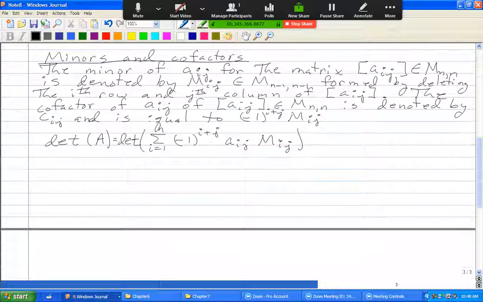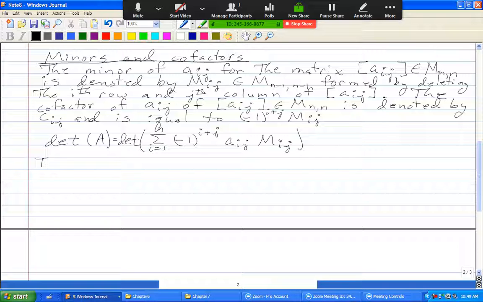Next, notice that maybe they called it a theorem here.